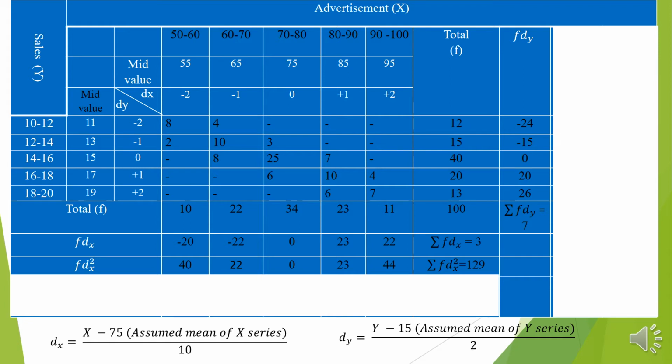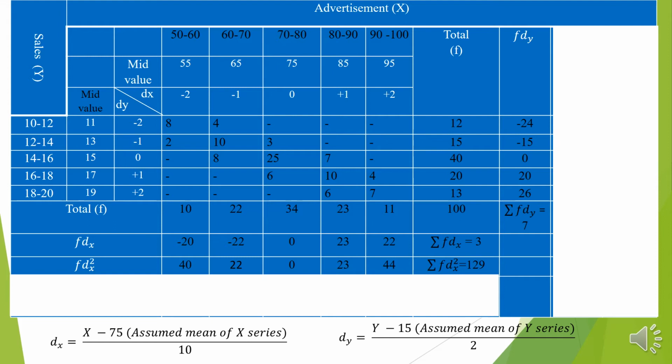Similarly, this total, 20, 40 plus 22, 62, 62 plus 4, 66, 66, 106 plus 23, 129. Similarly here, see, minus 24, minus 15, 0, 20, 26, 46 minus 39, so I got the value plus 7.